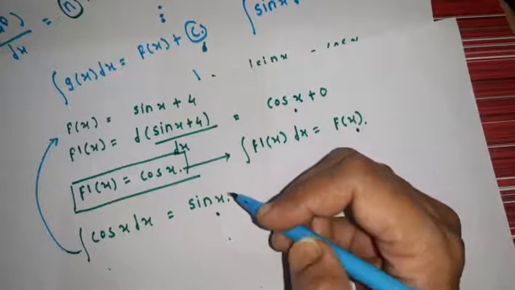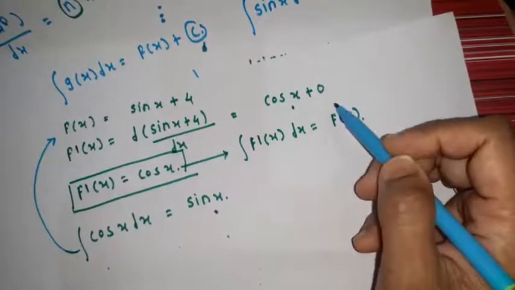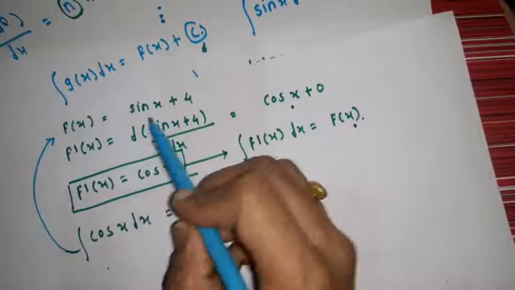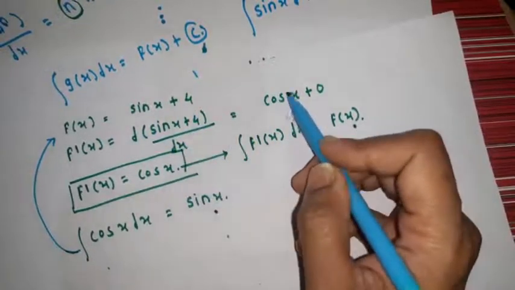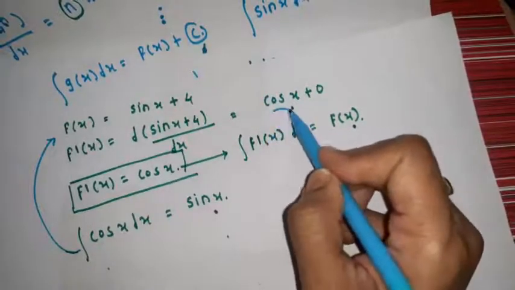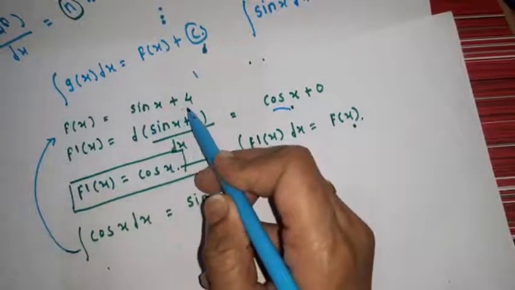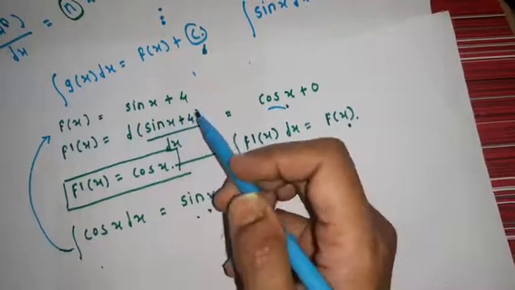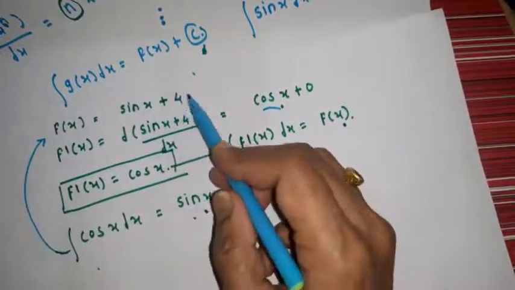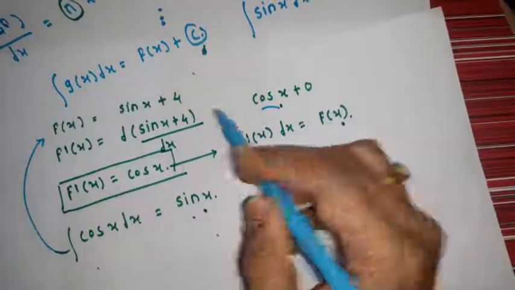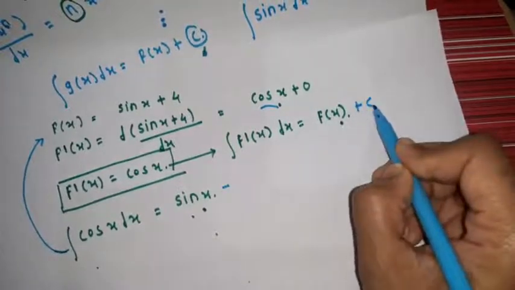So in order to accommodate the constant, we add c. Here the original function is sin x plus 4. Its differentiation is cos x, and when we integrate this cos x, we get only sin x. But the actual function is sin x plus 4, so that 4 does not appear in our answer, and to accommodate this we add the constant of integration c.